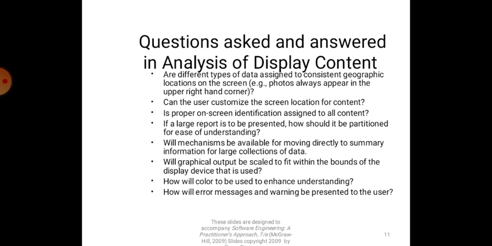Second, can the user customize the screen location for content? Third, is proper on-screen identification assigned to all content? Fourth, if a large report is to be presented, how should it be partitioned for ease of understanding? Next, will a mechanism be available for moving directly to summary information for a large collection of data?